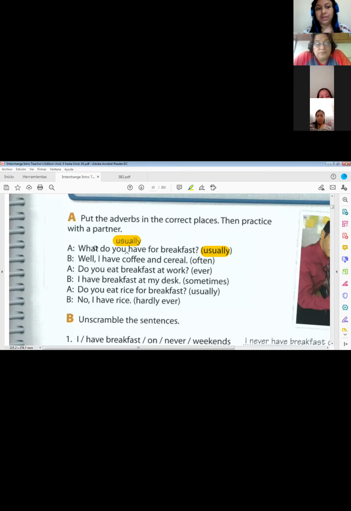Okay, repeat the question with me. What do you usually have for breakfast? So usually we have to include between the subject pronoun and the verb.